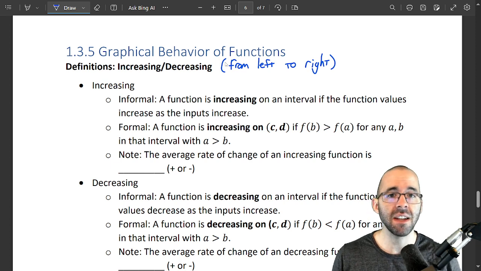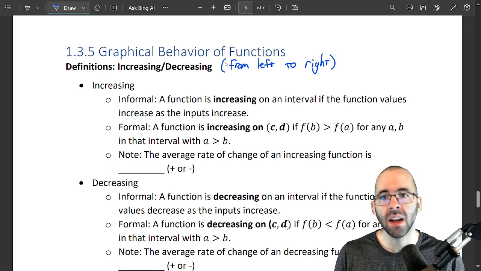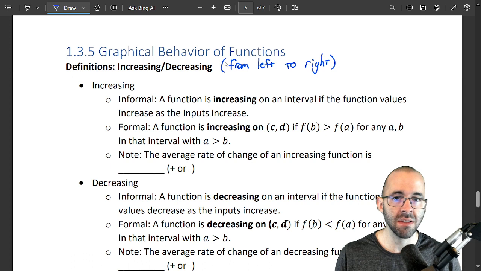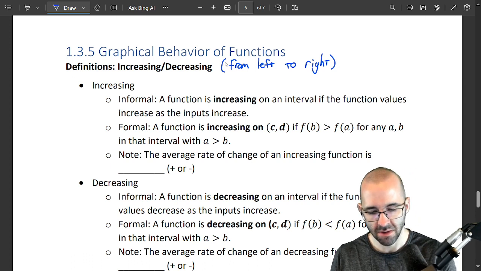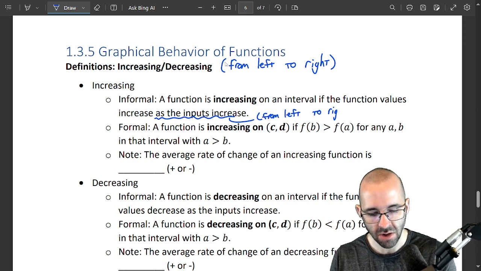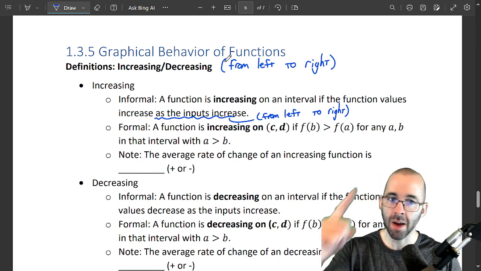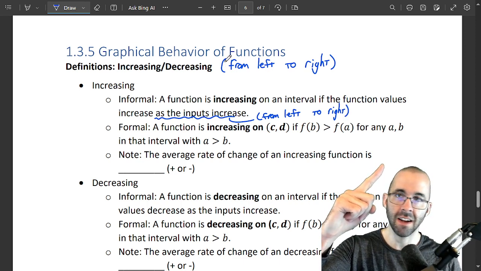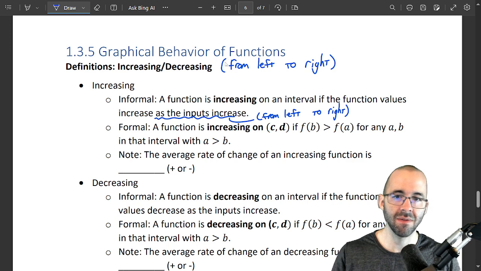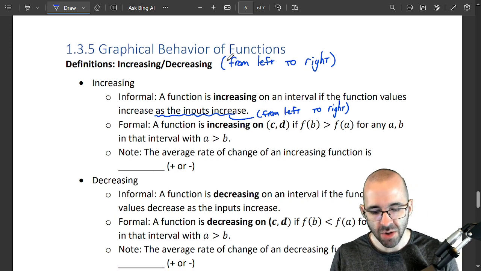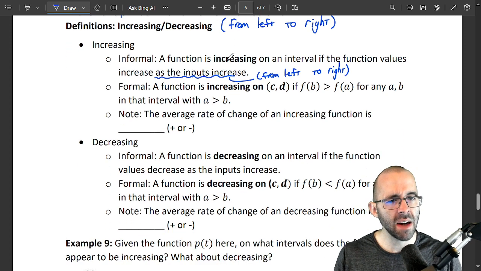So a function's increasing if the function values increase from left to right. So again, as the inputs increase, that means from left to right. So if it's going up as it goes to the right, it's increasing. The average rate of change, if it's increasing, is it going to be positive or negative?